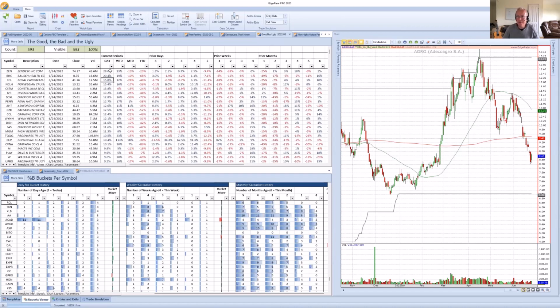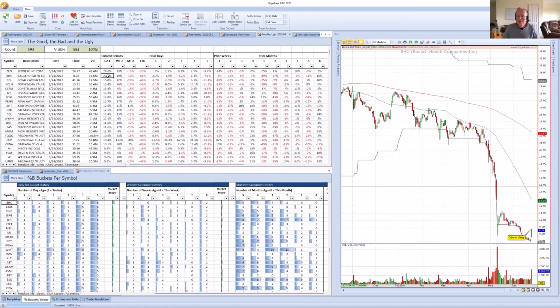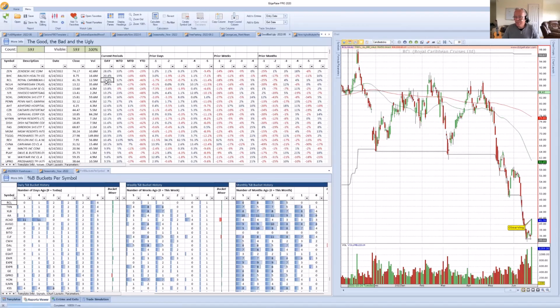So I can immediately see that Zendesk had a 22%, 28% gain. Bausch Health was 20%, etc. Look at Royal Caribbean. These are one-day changes.